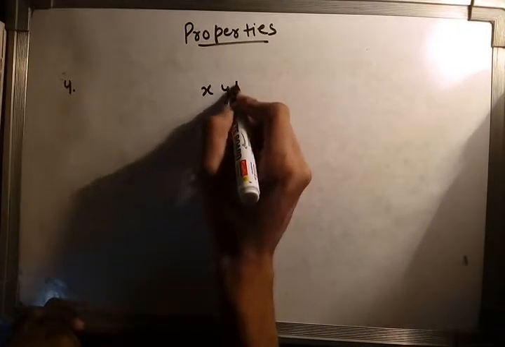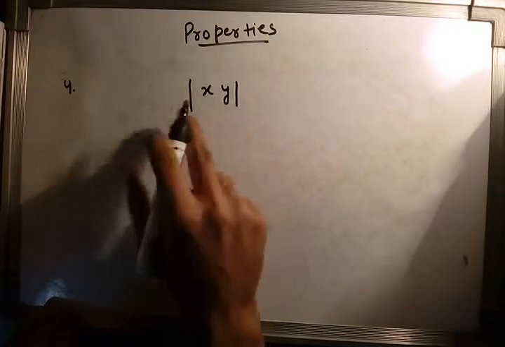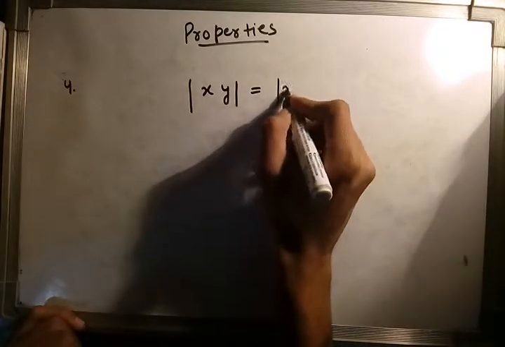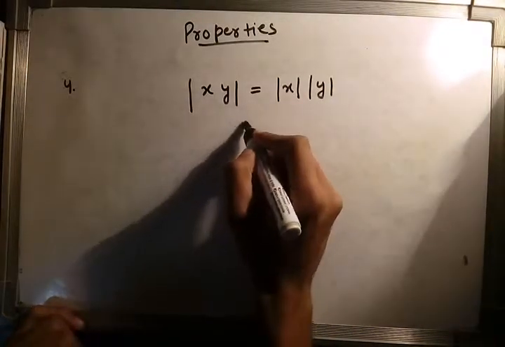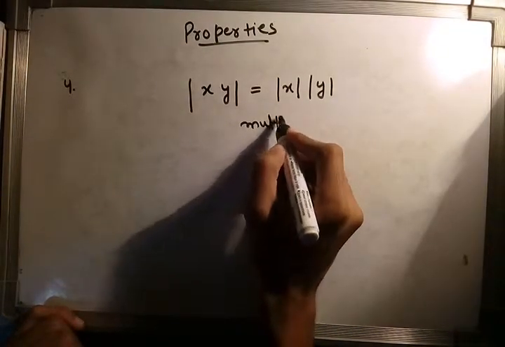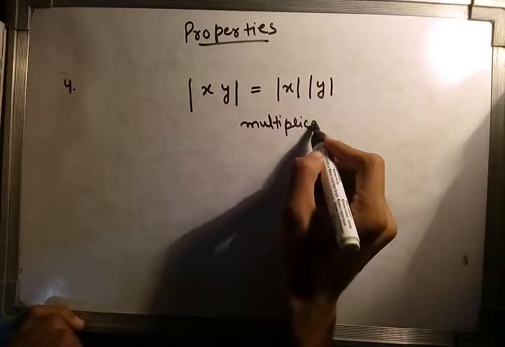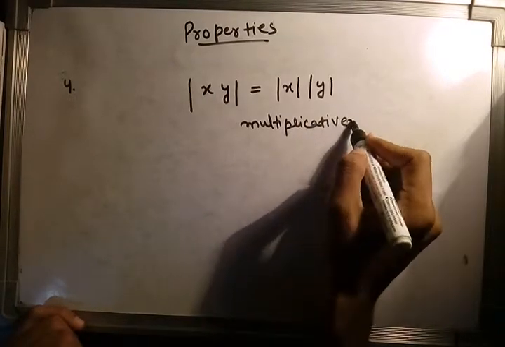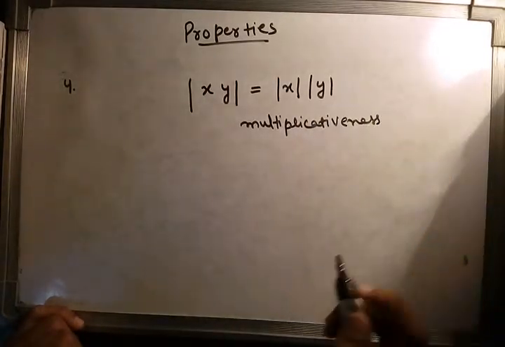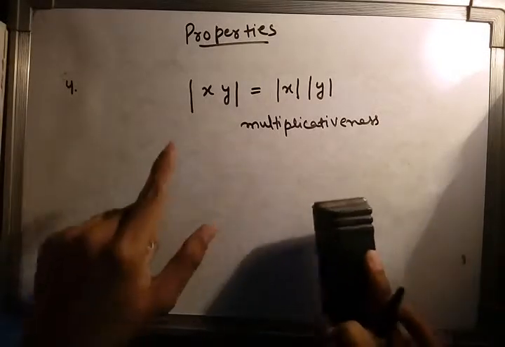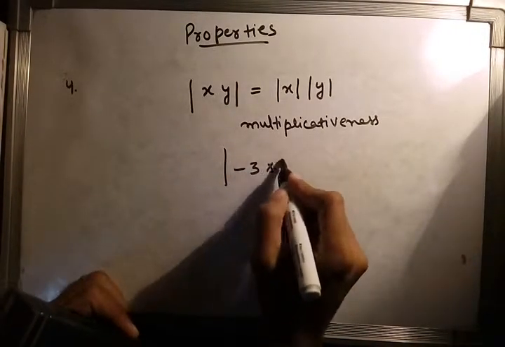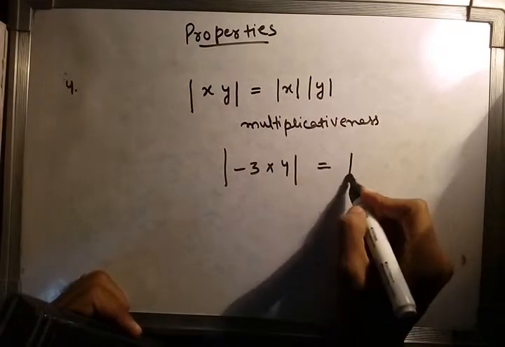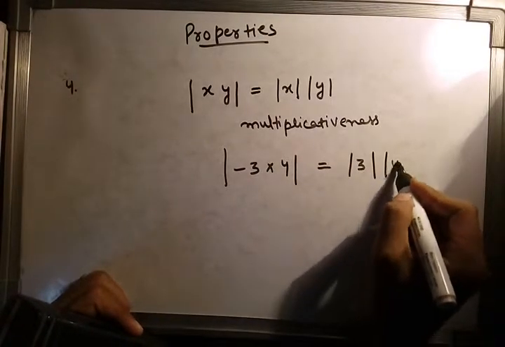So let's move on to the fourth property. Mod of x into y, taking the mod of the whole, is equal to mod of x into mod of y. This is multiplicativeness, a property of modulus function. So if we take modulus of -3 into 4, it's going to yield modulus of 3 into modulus of 4.